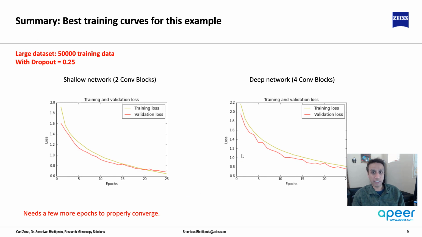So in the examples I just showed you, the ideal network is the one working with 50,000 training data points and a dropout of 25%. So always test this out first for a few epochs, and make sure that you design your network in such a way that you're not overfitting, and also recognize the effects of limited data that you can see here.